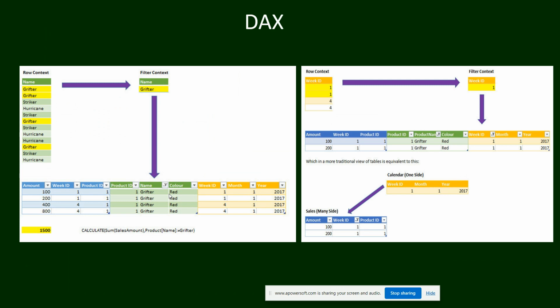Without the filter context, there is a value that is selected from one of the items in your row context. In a simple way, you can see we are calculating sum of sales where the product name equals grifter, right? So it is a subset of your product. Your subset is your grifter, and you are calculating the sum of amount and displaying it here.